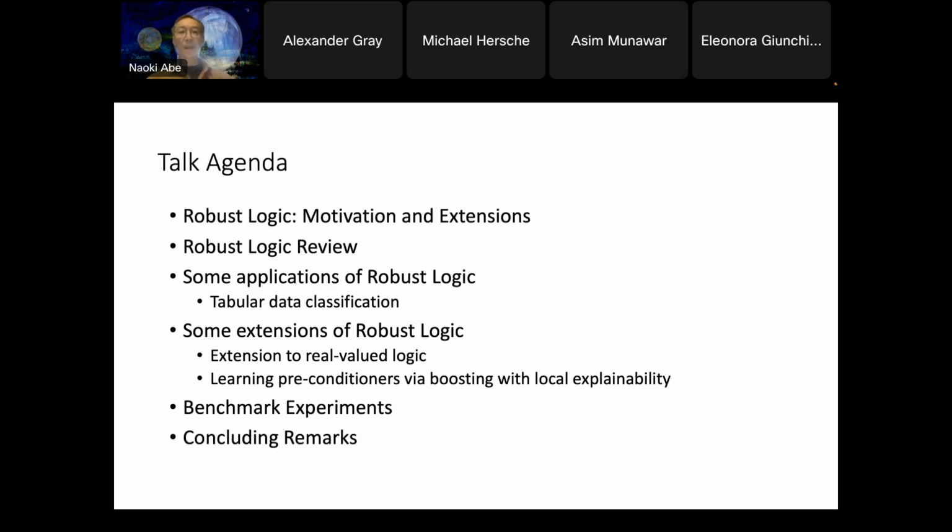Then I'll talk about some applications of robust logic that we have started working on, and then a couple of extensions of robust logic. Then I'll talk about some benchmark experiments for those applications and extensions, and we'll conclude the talk. Okay, first, motivation and extensions.